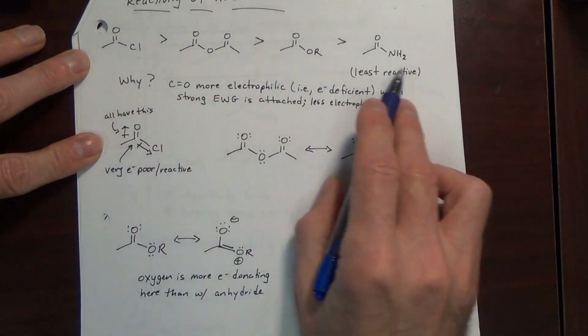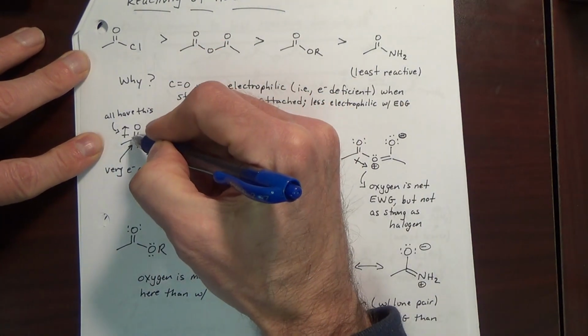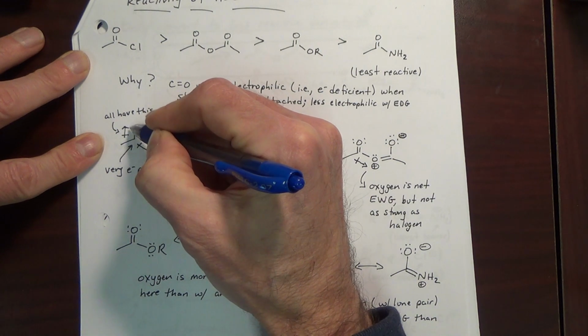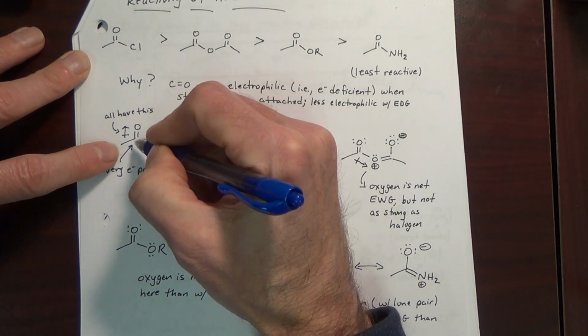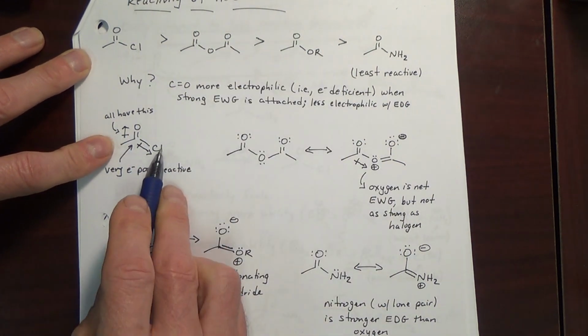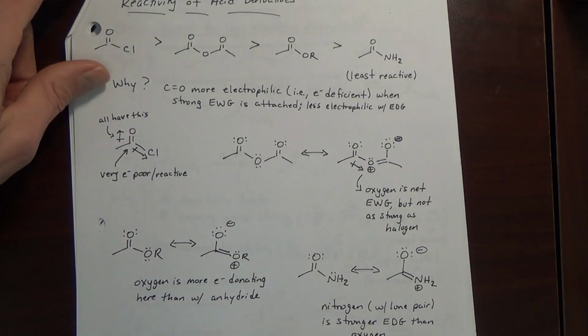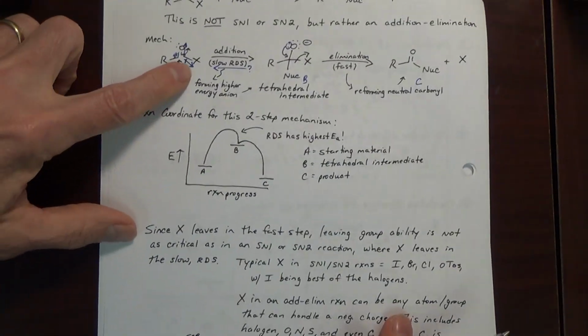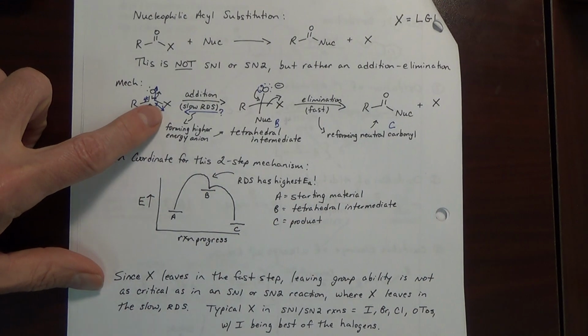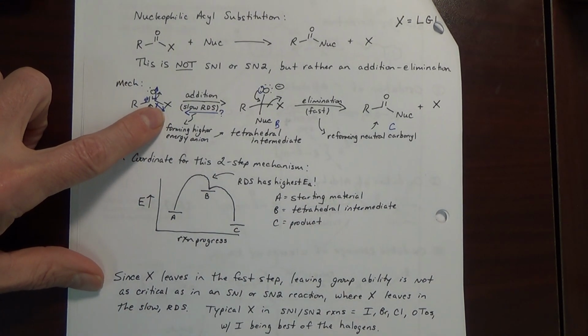Now, all of these have a carbonyl, so we cannot just look at the carbonyl. That does make the carbon electrophilic. But what does the other group do? Okay, what does the X group do? That's what we really need to look at to see the difference.